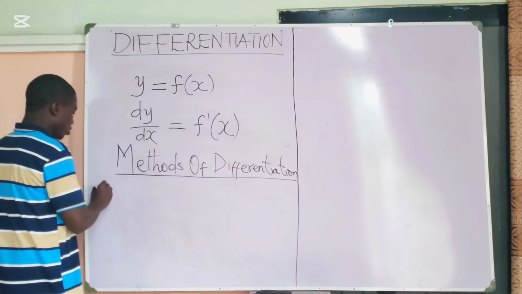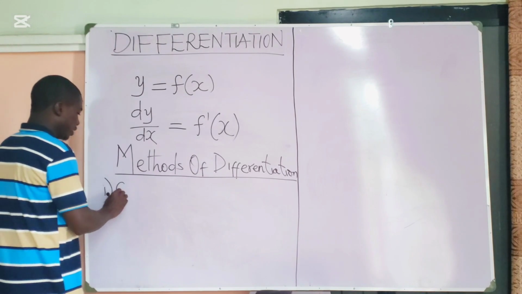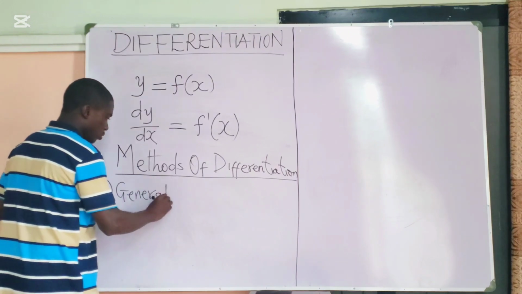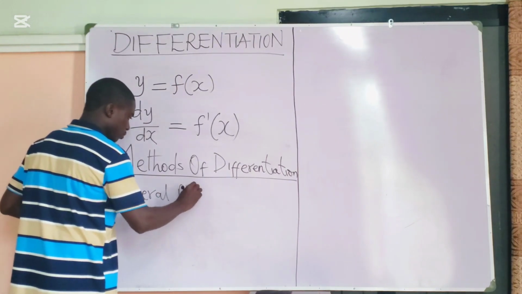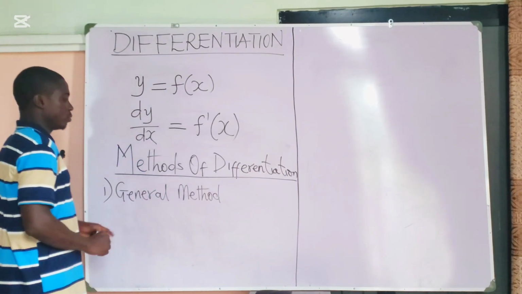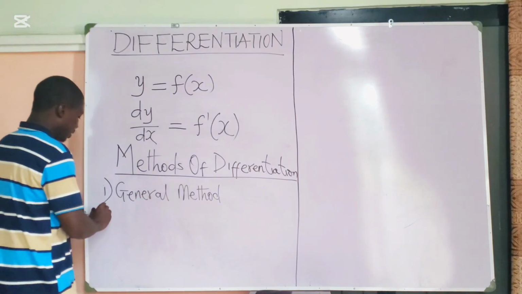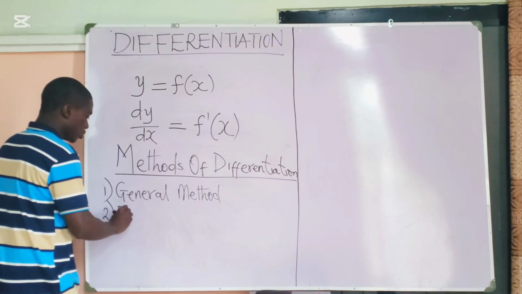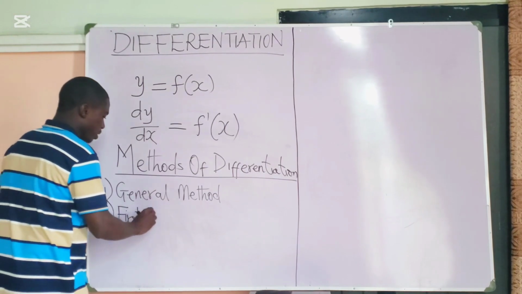The first method of differentiation is known as the general method. Secondly, we have the first principle method.